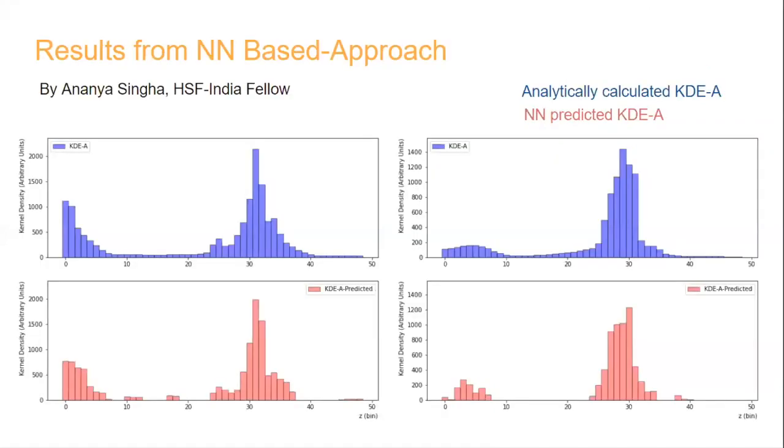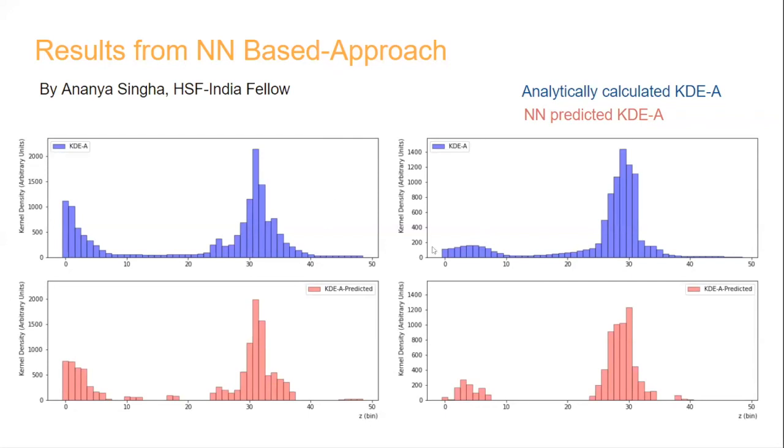These are the results from our neural network-based approach. In blue, you can see the analytically calculated KDE A, and in pink, the neural network predicted. There's good agreement between the two.